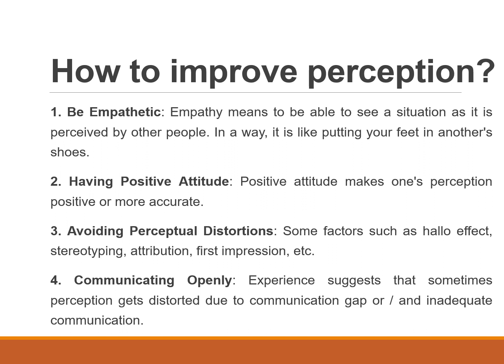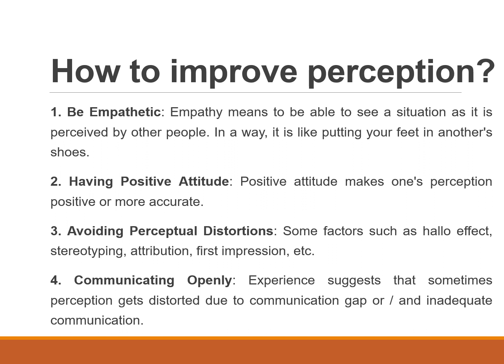How can we improve the perception? Be empathetic. Empathy means being able to see the situation as it is perceived by the other person. That means it is like putting your feet in another's shoes. So we should understand the situation of the other person. Earlier I mentioned the perception error of projection.